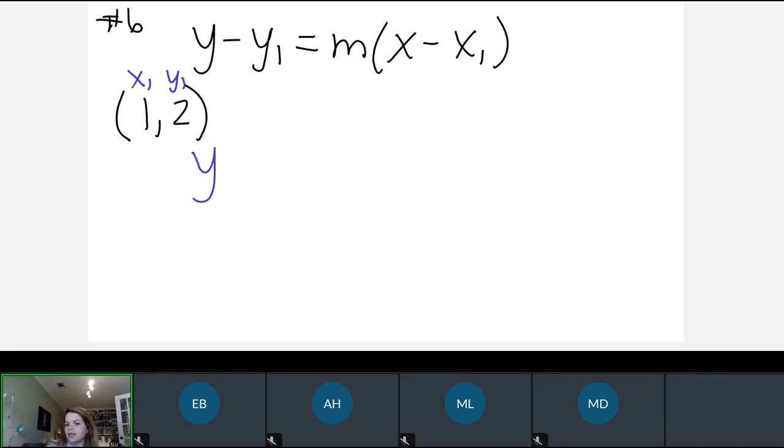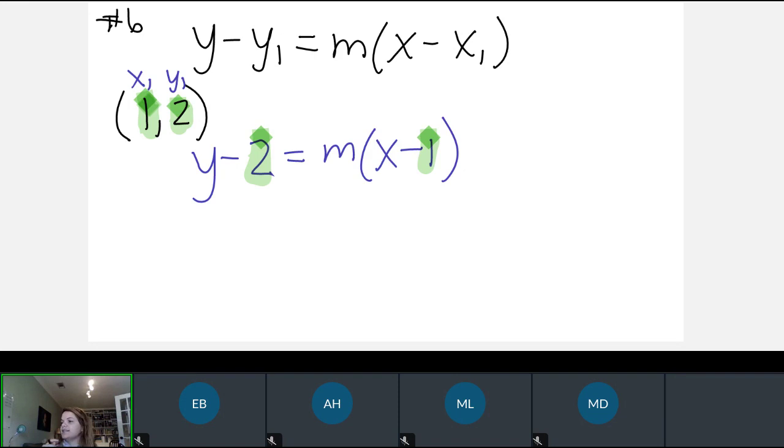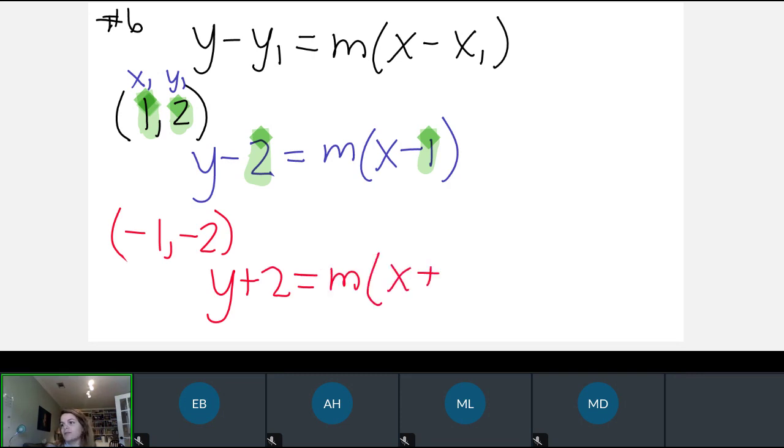When I plug this in, y minus 2 equals, and we'll just leave m for now, x minus 1. So when I have positive numbers as my point, I just put those numbers in and the formula stays as minus. But if I have negative 1 and negative 2, now I get y plus 2 and x plus 1.